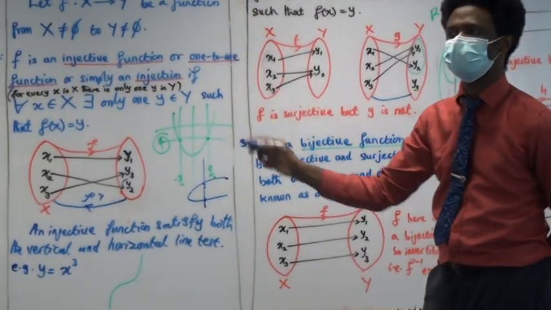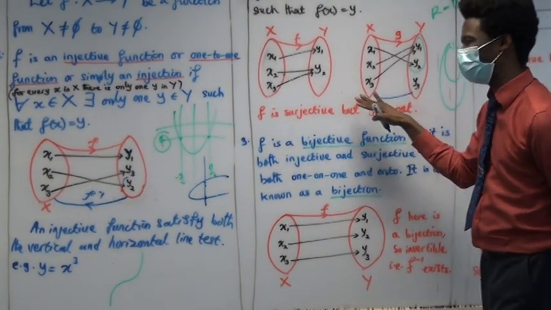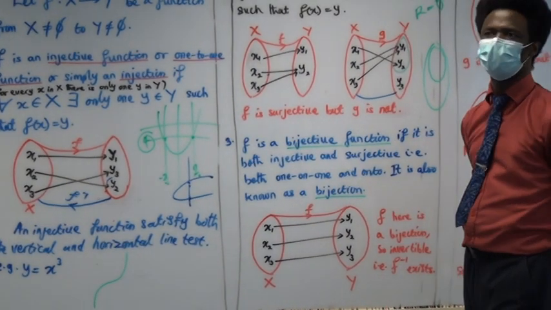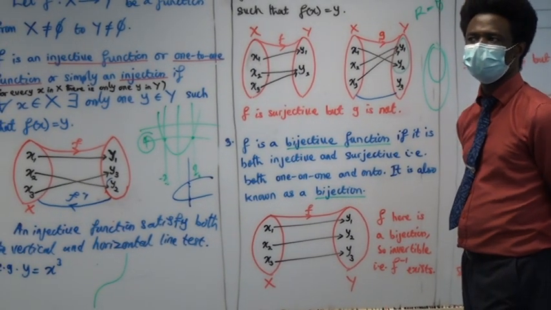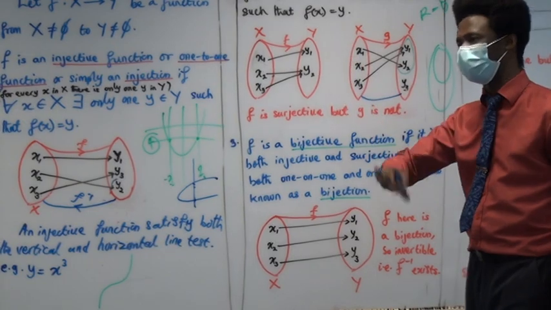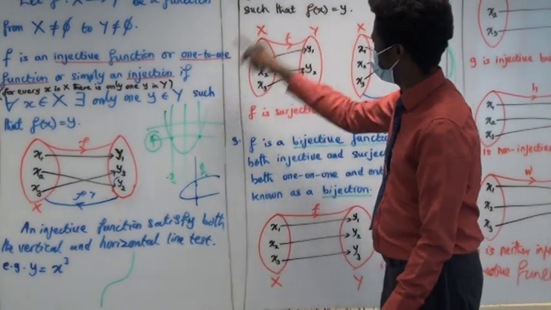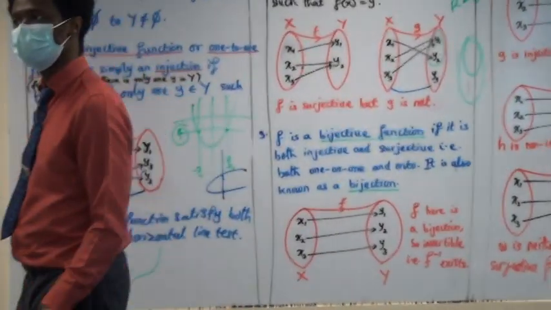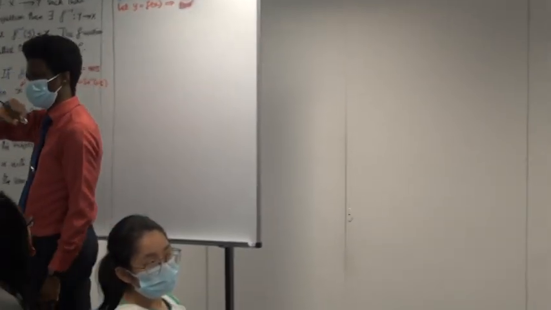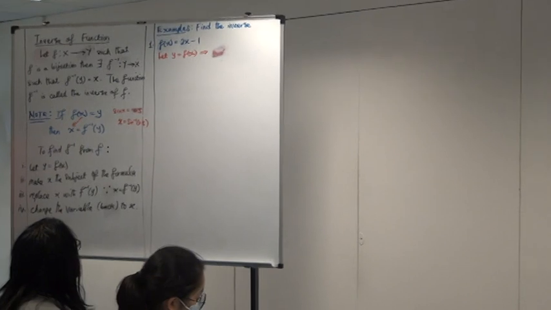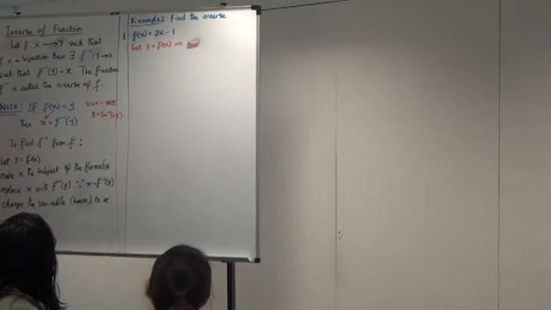It failed the vertical line test automatically. So when coming back, it is not a function anymore. But to be a function in both ways, these two properties must be observed. So the reverse of that arrow, that mapping rule, is what we call the inverse function. Thank you, Joey, for that.